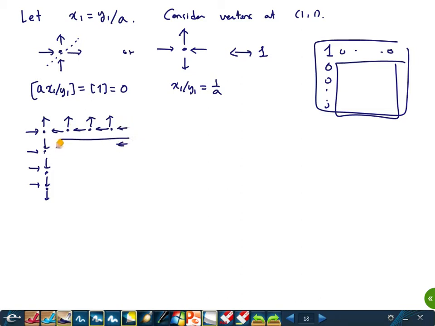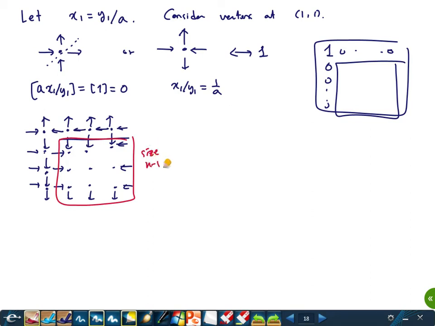And of course, they go like this. Okay? We don't know what this is. But this part is one smaller size, n minus 1.